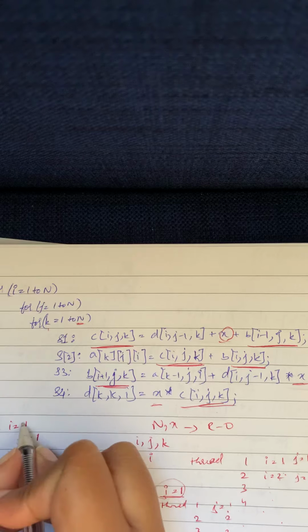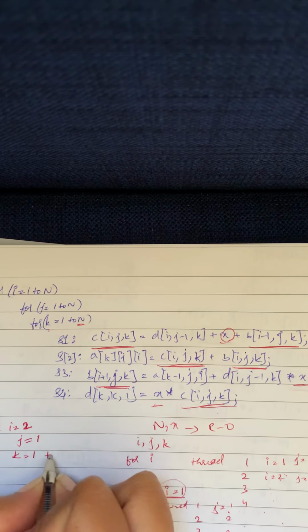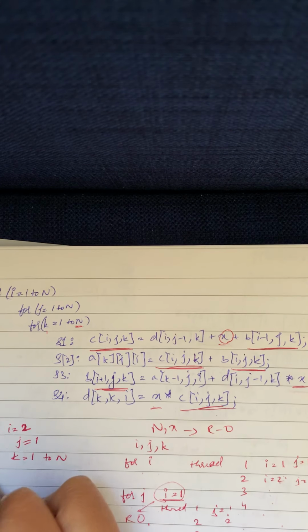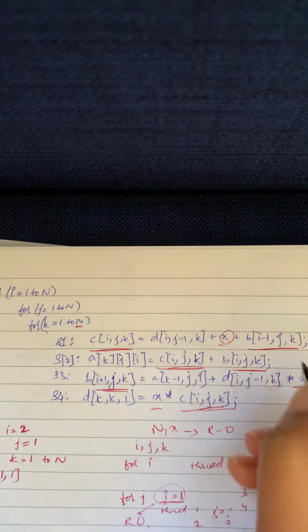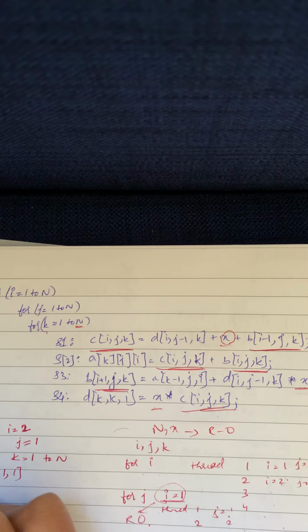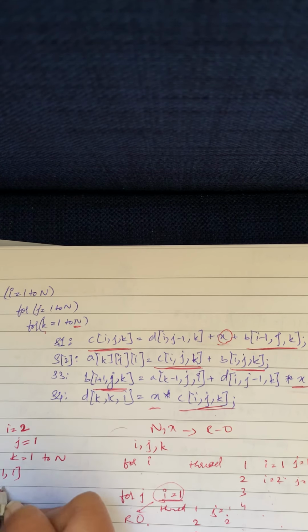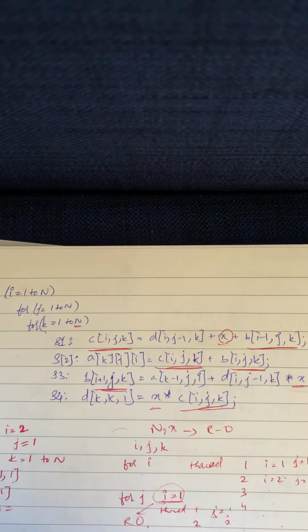Actually, let's take i equals 2, j equals 1. Now k is going to go from 1 to n. B 1, 1, 1 is being read. 2, 1, 1 is also read, and 3, 1, 1 is written.